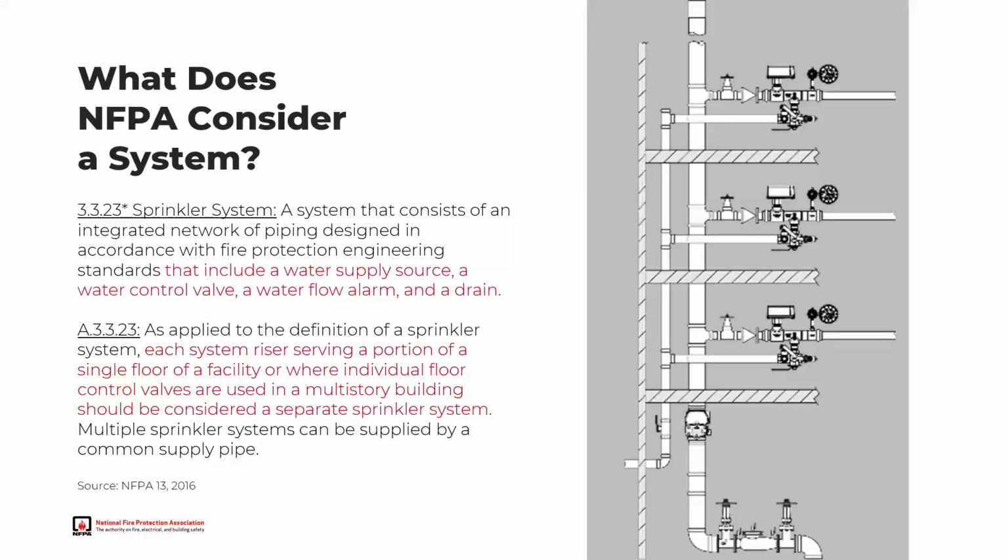So you could have someone interpret the drawing you see on the screen as being 3 independent systems. Historically, that may have been looked at, when you have a single backflow preventer and a single alarm check valve, as one system, but more and more we are seeing across the country that that is being interpreted as 3 independent systems. That's the case, therefore, you need to be very careful about what products are required to be installed, their location, and their effectiveness.